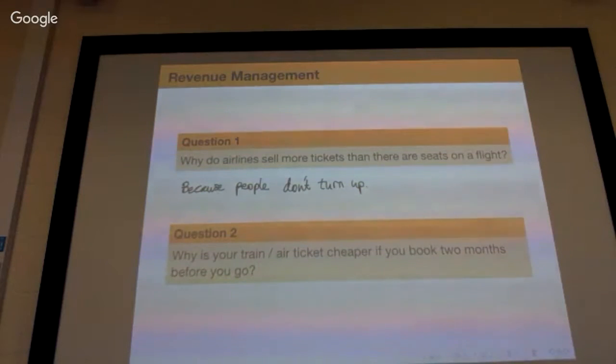You don't know? Because they know people are desperate and they'll pay whatever. Kind of, yeah. That's based on the idea that different people in different circumstances are willing to pay a different price for the same thing. It's the same journey for a different price.